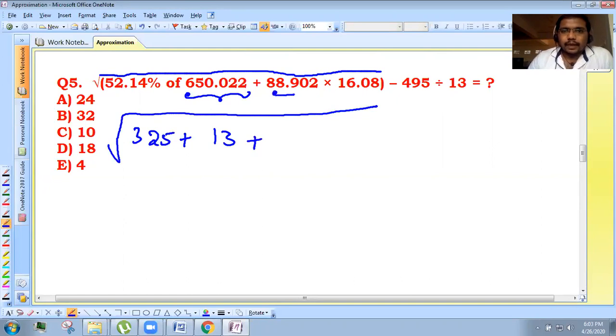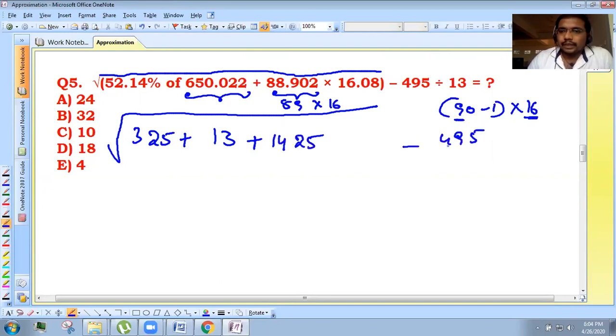Plus 89 into 16. 89 you can write as 90 minus 1, into 16. 9 16s, 9 into 16, 144. 1440 minus 16. That is 1425. Minus 495 by 13. Entire value 1400, 300, 1700, 1750, 1763 under.